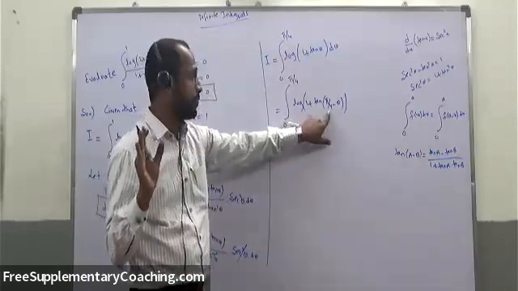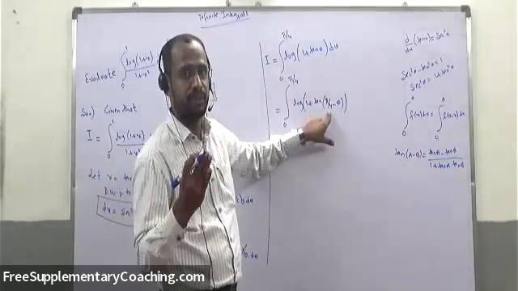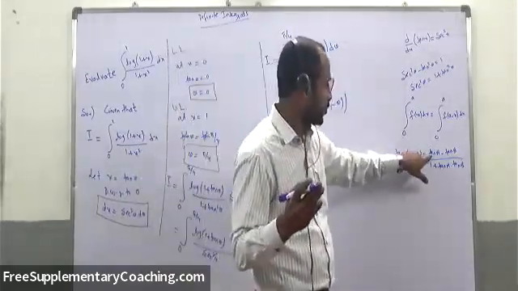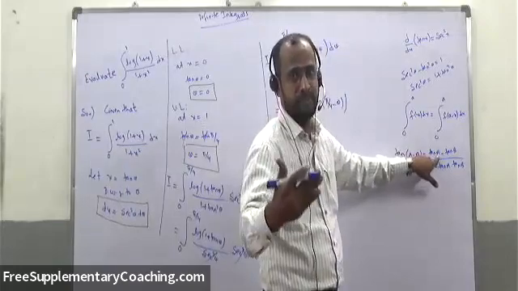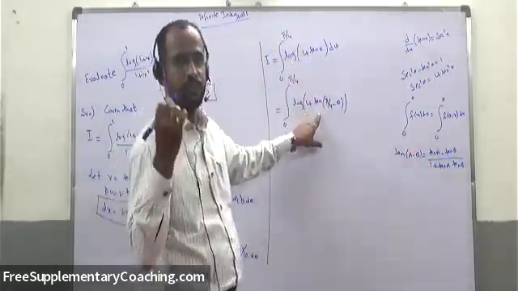One more step. This tan pi by 4 is nothing but tan 45 degree, that is 1. So whenever we have to use tan a, directly I'm writing 1. Just note down with the pencil, tan pi by 4 is 1 for us.